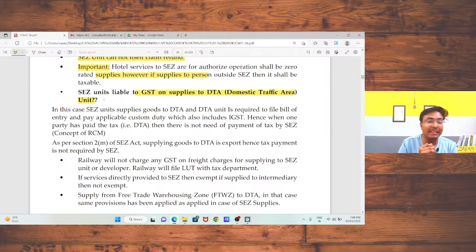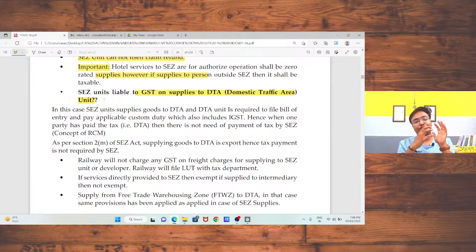Sir, for example of SEZ units, there are multiple areas where SEZ units have been established. The government has declared that this unit is an SEZ unit. Naresh, you are from Jodhpur, and Boranada is declared as an SEZ, special economic zone. Also, the area nearby, Kapada, a village, is also declared as an SEZ, special economic zone.